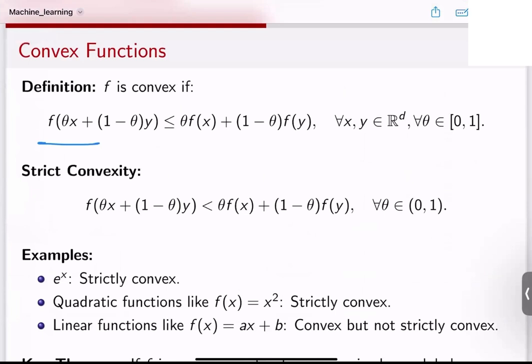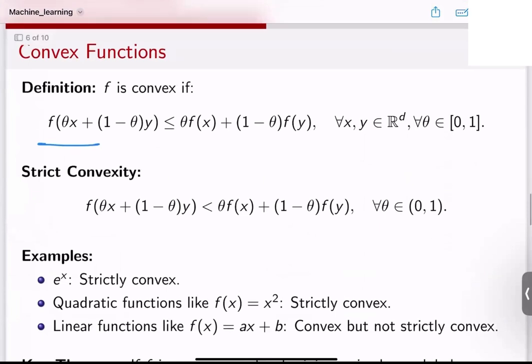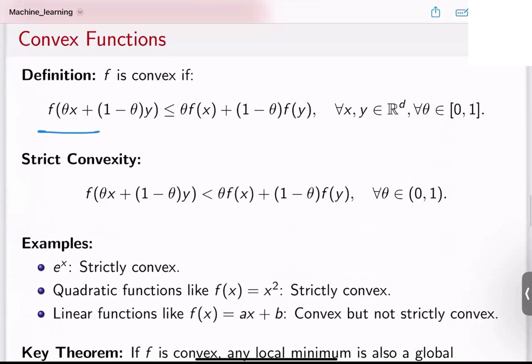But I won't bother explaining this much. You can just really take it as is. This is the definition; a definition cannot really be explained. It is what it is, right? So a function is convex if the value at the linear combination of 2 points is always less than or equal to the linear combination of the values at these points.